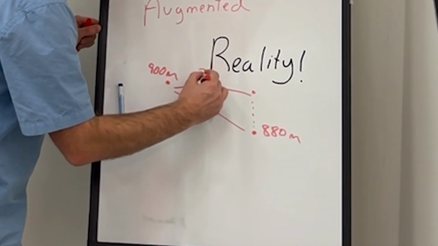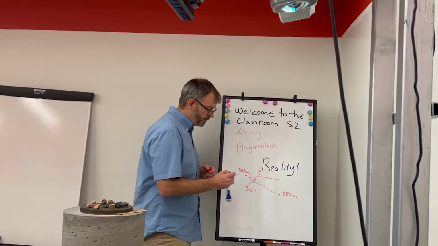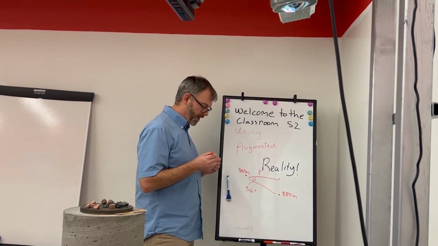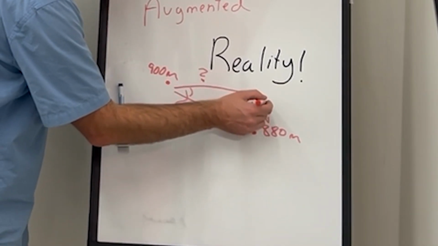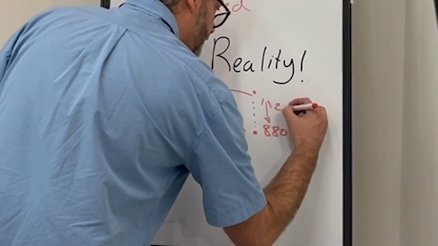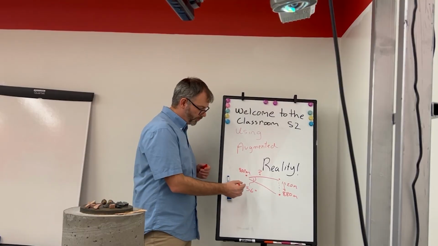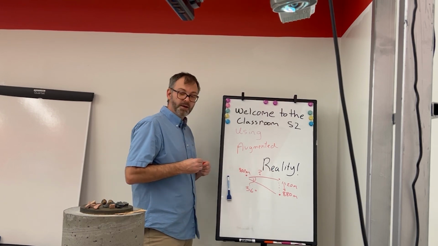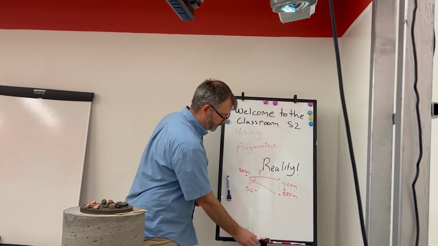We're trying to figure out this horizontal distance, and then we can use that and plot it on our map. So we know we've gone down 20 meters, and just using trig, we can figure out with the angle and the drop where horizontally we exist on the map.